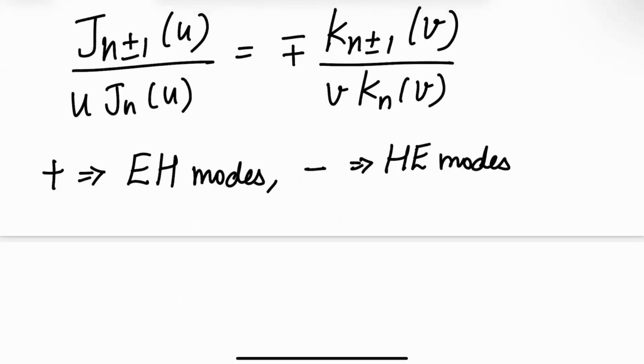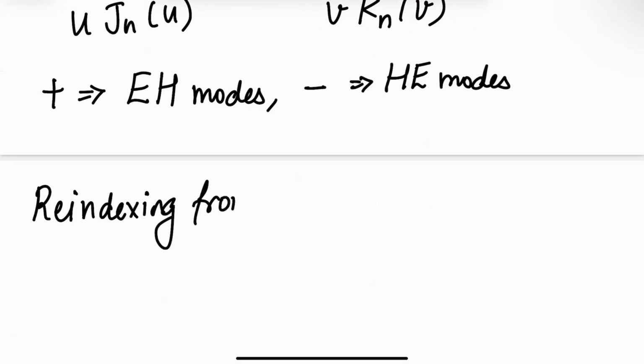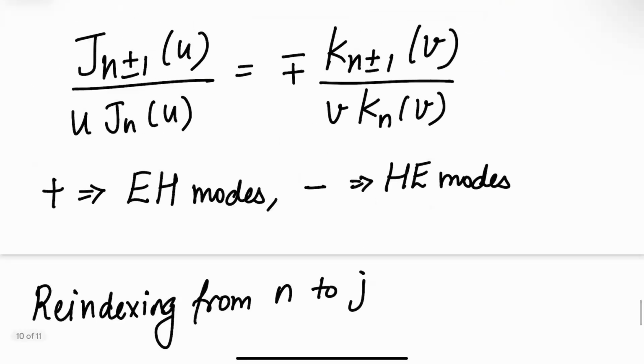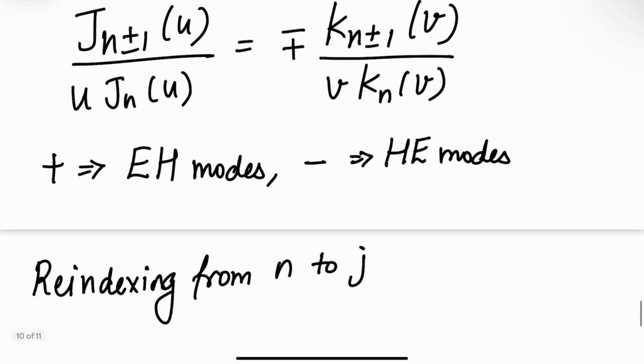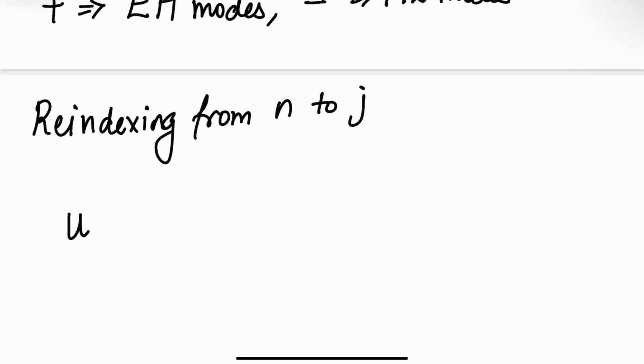Okay, I want to re-index it just to make it a little bit simpler. So re-indexing from n to j. I'm using a new index. We'll see what that does. What I've done is I've taken the inverse on both sides, and then I replaced n plus 1 with j.